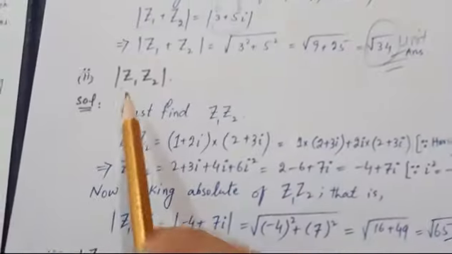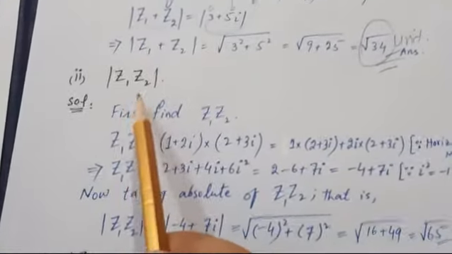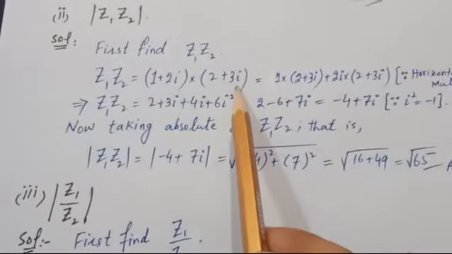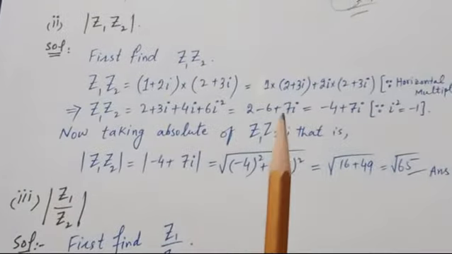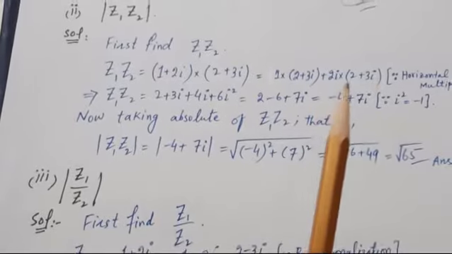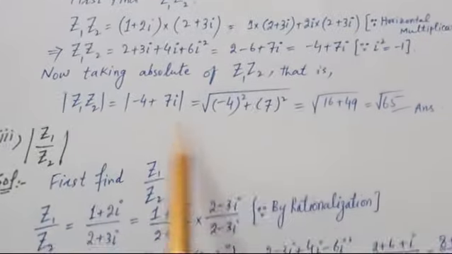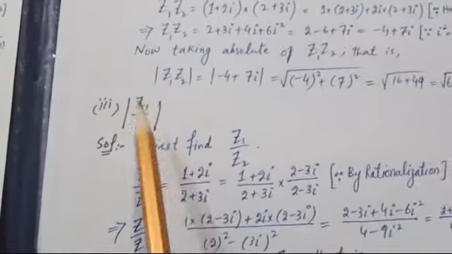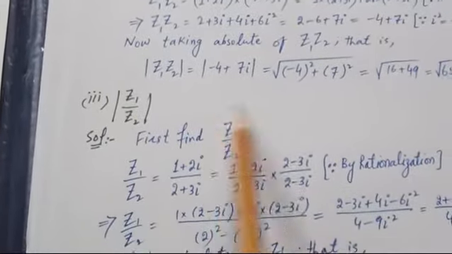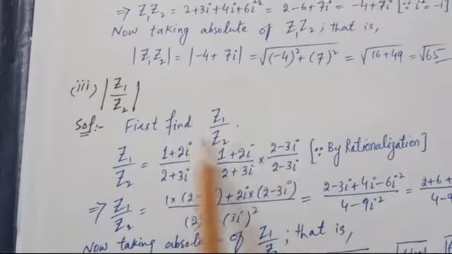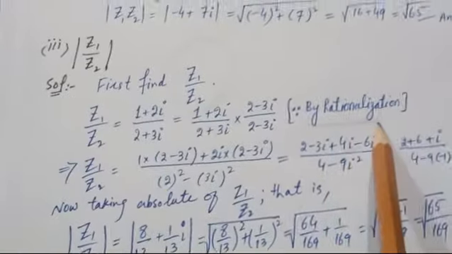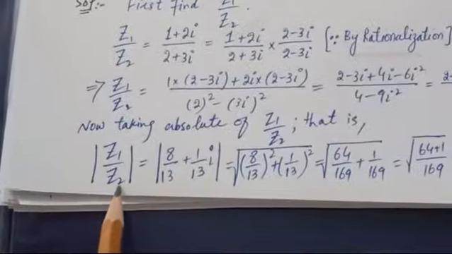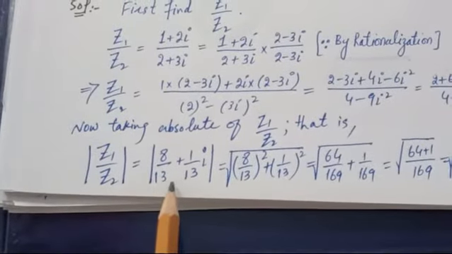Similarly, you need to find the absolute of z1 multiplied by z2. First of all you will multiply z1 and z2. You know the multiplication from question number 5, and then you will take the absolute according to the formula. And the division of two complex numbers, you know. First of all you will find the division by using the process of rationalization, and then you will take the absolute by using the formula.